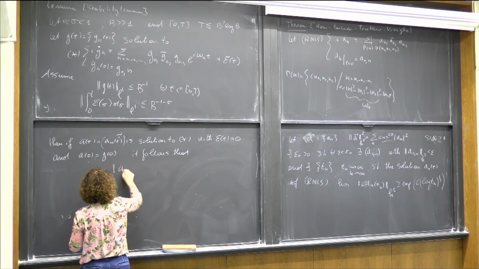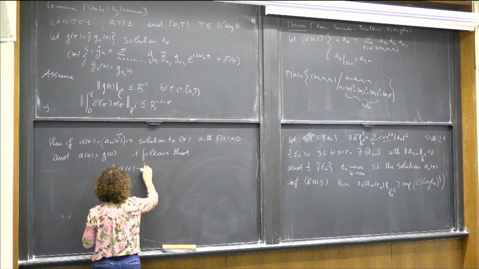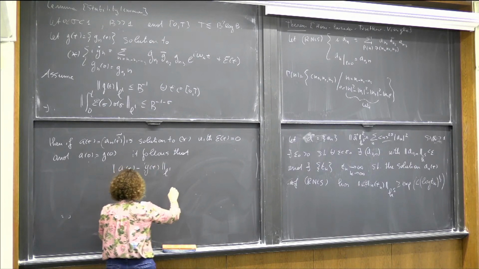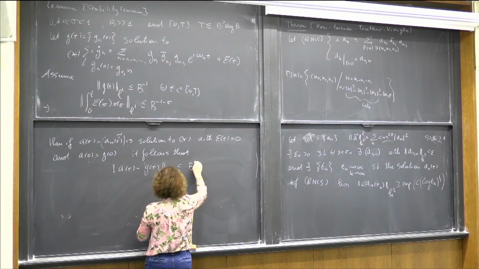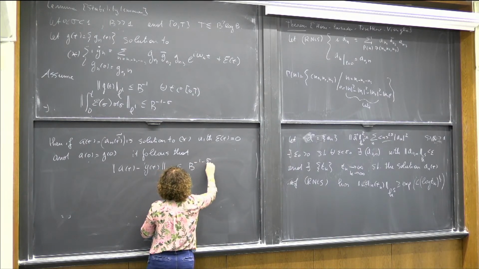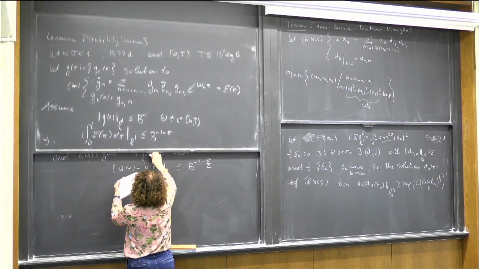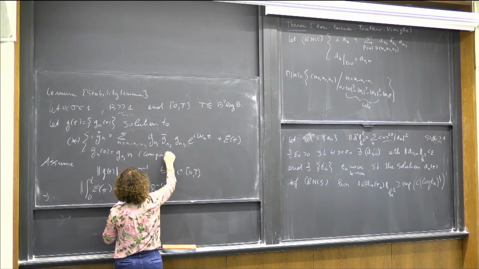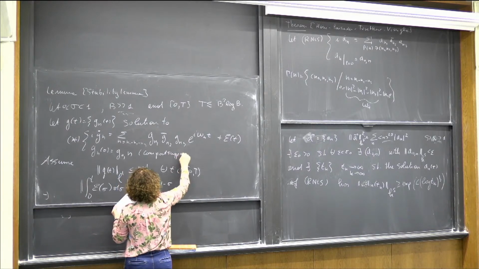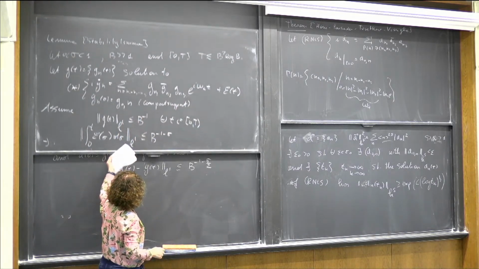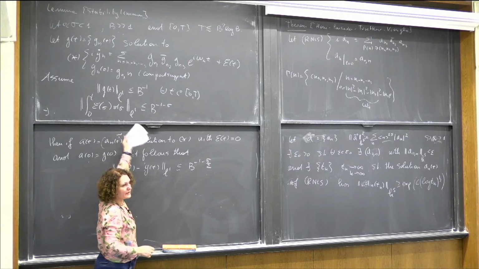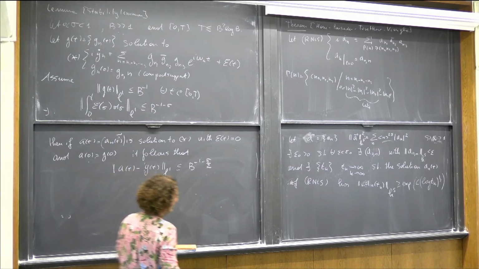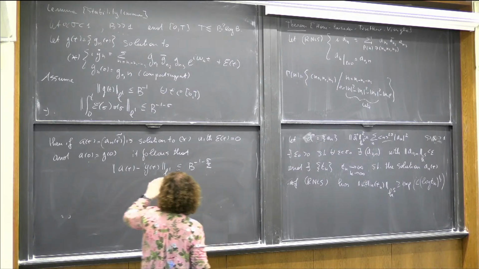In this norm, a(t) minus g(t) is less than or equal to B. One assumption which I didn't put here is that this has compact support; it just sits in a box. So what is the purpose of this?